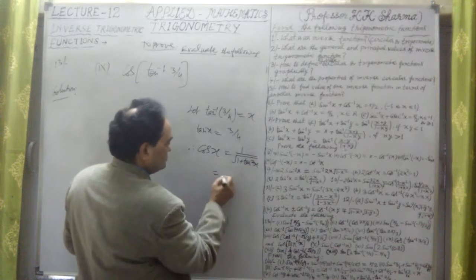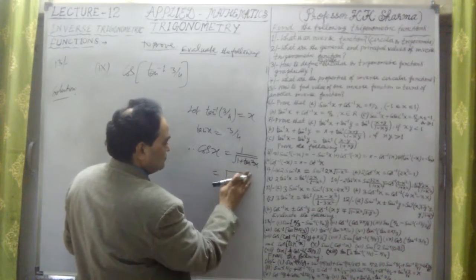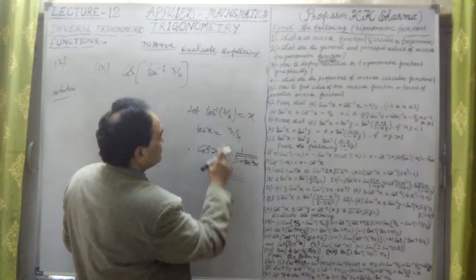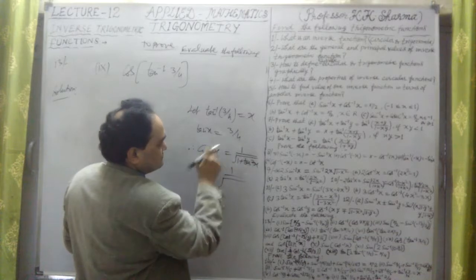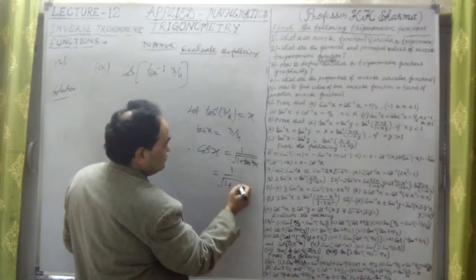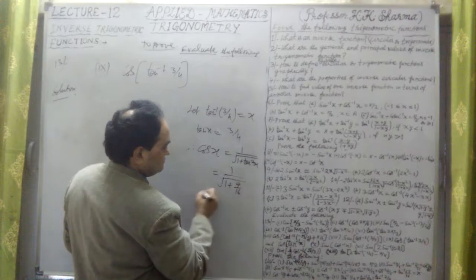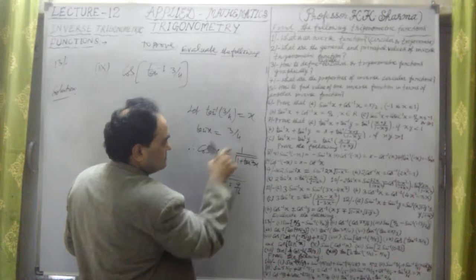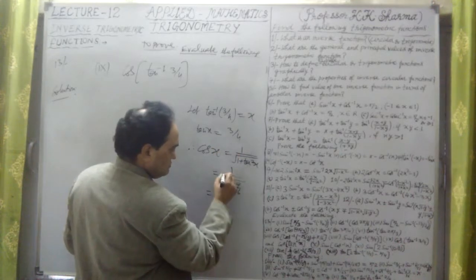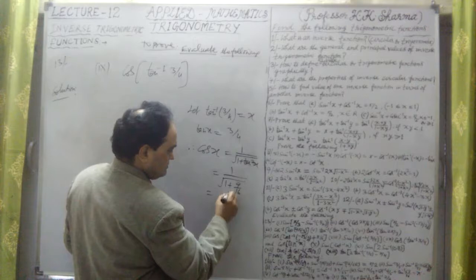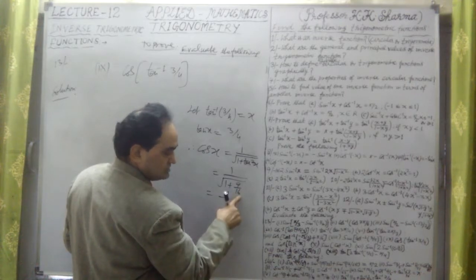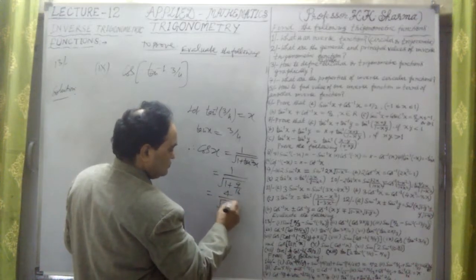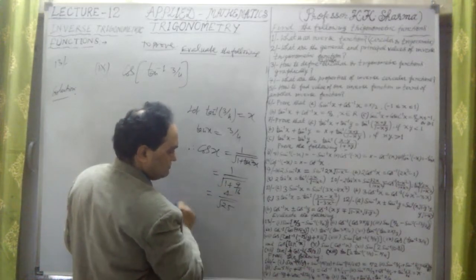Now substitute the value. This is 1 upon under root 1 plus tan square x, where tan x is 3 by 4, so tan square x is 9 by 16. 1 upon under root of 1 plus 9 by 16. 16 is the LCM, and 4 will come out in the numerator: 4 upon under root 25, since 16 plus 9 is 25.